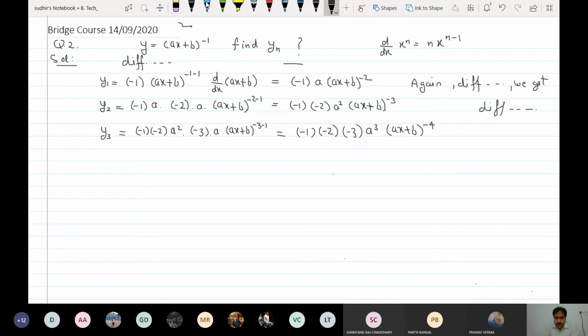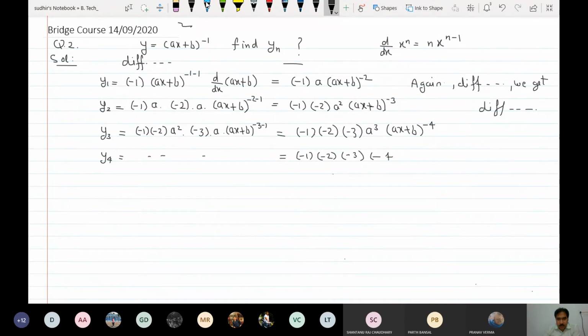So I think we have enough symmetry to write the nth derivative. Even if you don't think so, you can write y4 also. So we can again write y4, that is minus 1 minus 2 minus 3 minus 4.